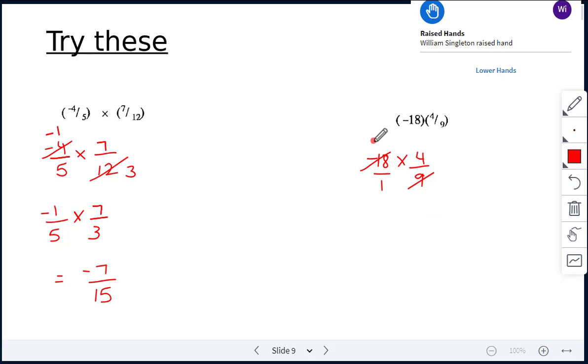That leaves me with negative 2 here and then a 1 here. Okay, now we can just rewrite this out. So it's negative 2 over 1 times 4 over 1, which gives me negative 8 over 1, which is just equal to negative 8.